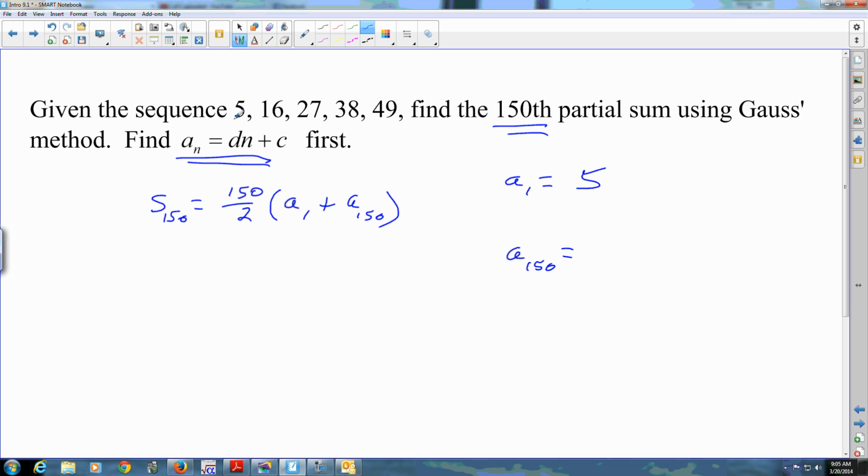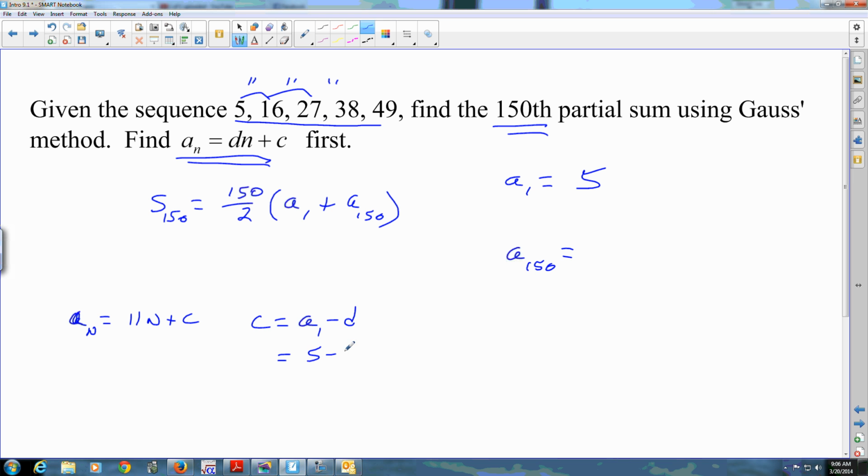All right, so backing up to what I did on the first page, I need to find the common difference. It looks like you're adding 11 every time. So d is 11, so a sub n is equal to your common difference times n plus c, where c is your first term minus your common difference.